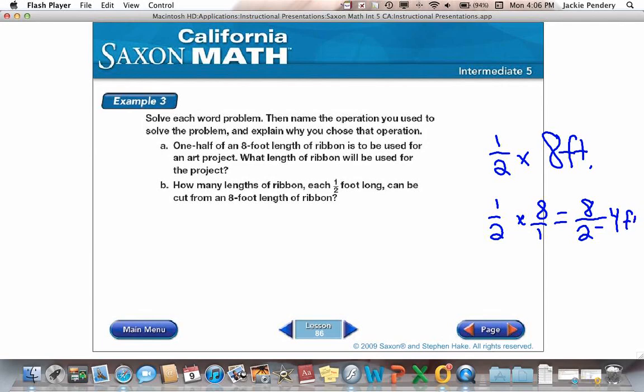So a total of 4 feet of ribbon will be used. Now, how did I know to multiply? I knew that I was going to multiply because I wanted to make my ribbon shorter. I only wanted half of it. And I knew if I divided, I would have to find the reciprocal, and that would actually make my ribbon longer than I have to start with. So this time I multiplied.